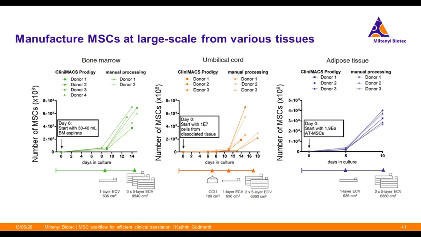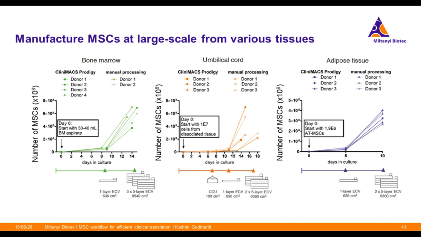And in all cases, you can see quite nicely that with a low amount of primary starting material, after not more than 2 or 3 passages, we end up with a quite high amount of MSCs. Up to 700 million MSCs were prepared here.